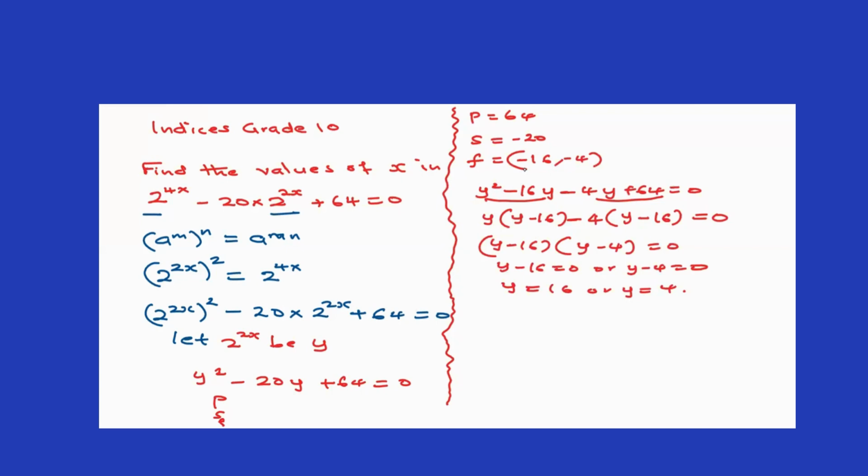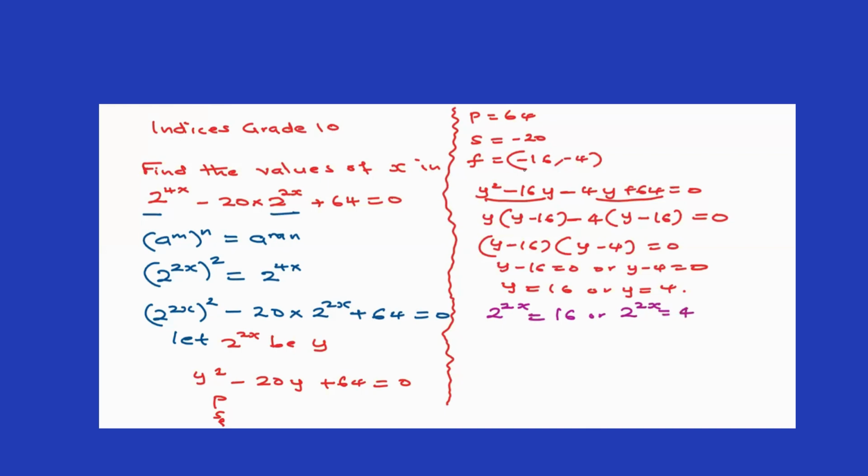But that is not our solution, because we were just trying to get the value of y that we let be 2 raised to the power 2x. So we can now conclude that 2 raised to the power 2x, which was our y, is equal to 16, or 2 raised to the power 2x is equal to 4.